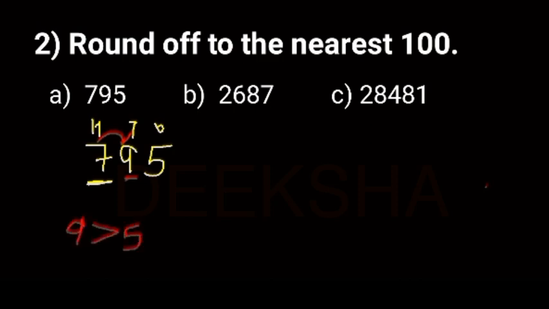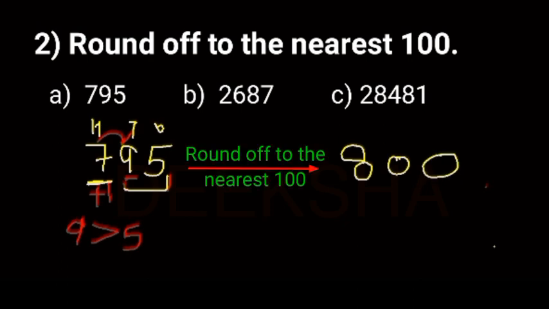So what do we do? We add 1 to this. Okay. And this part will be replaced by 0. So 7 plus 1 is 8. These two parts will be replaced by 0. So put zeros. So when we round off 795 to the nearest 100, we get 800.